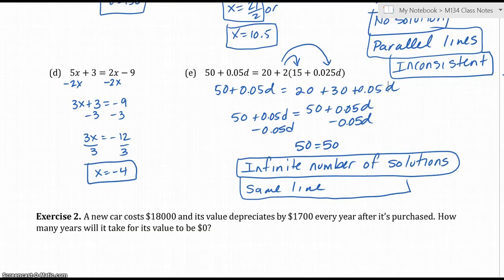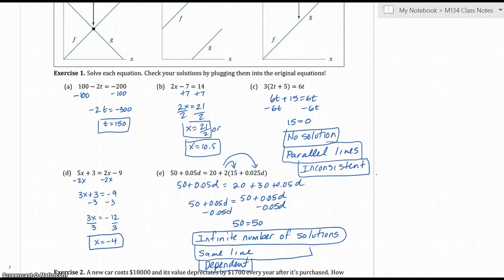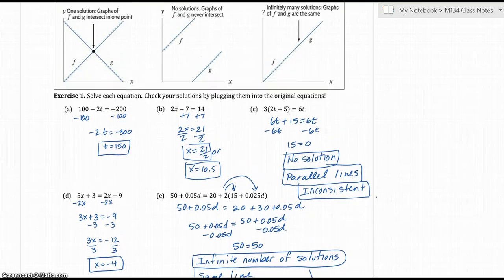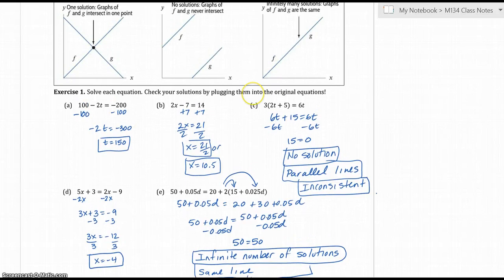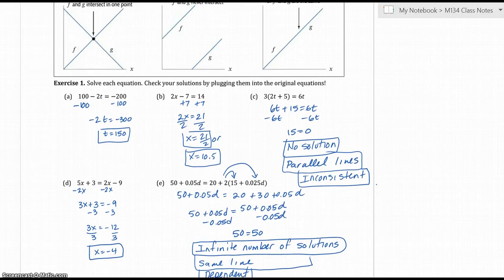And for part E, the fancy word they come up with here is dependent. The reason they call it dependent is because they are the same line. They are very dependent on each other. So dependent that they're the same. And here, I'll make this smaller so you can see the no solution are parallel lines, and the dependent is the same line.